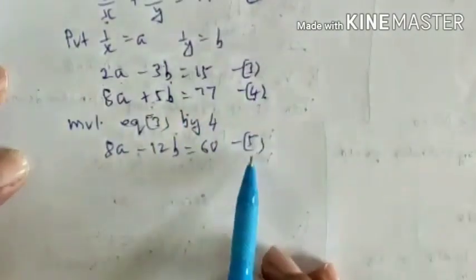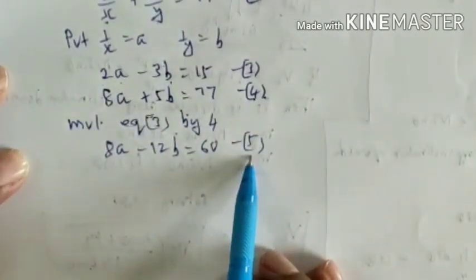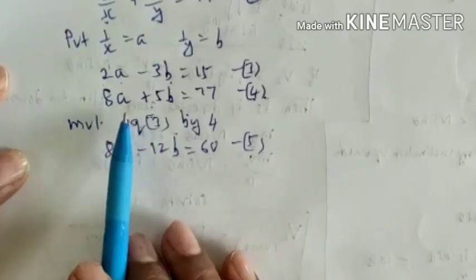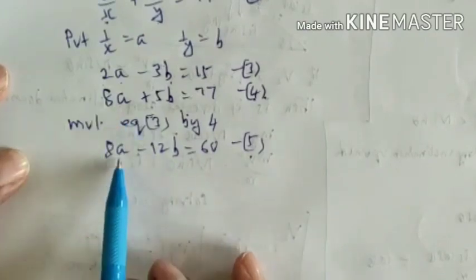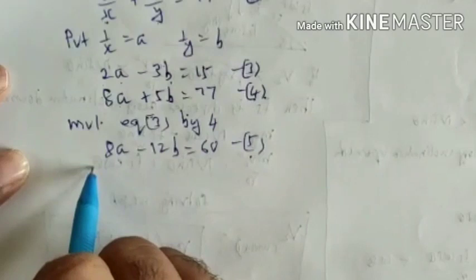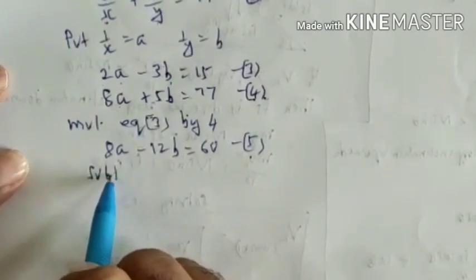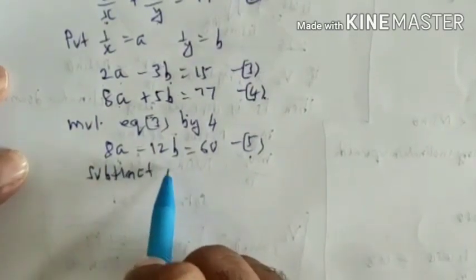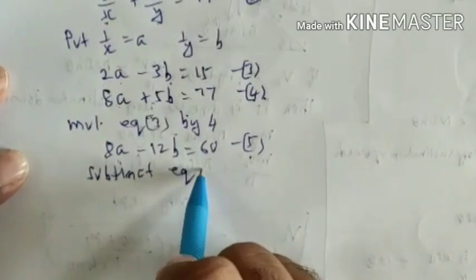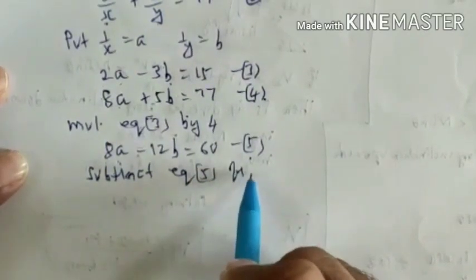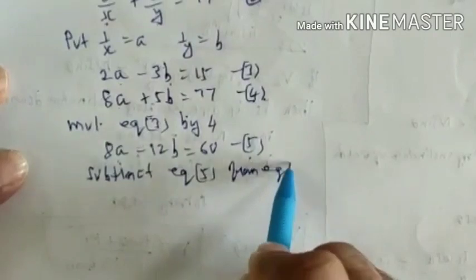Now see this equation 4 and equation 5. In these two equations what you can see? The coefficients of a are same, so we have to subtract them. So subtract equation 5 from equation 4.